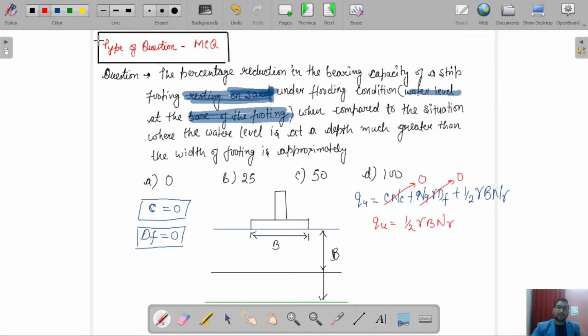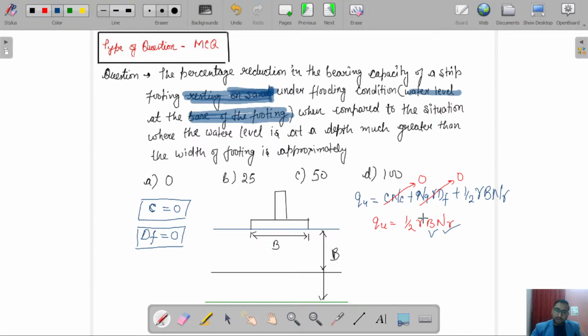हाफ गामा बी एन गामा. क्या वाटर लेवल चेंज होने से गामा की वैल्यू पे कोई इफेक्ट हो रहा है? No change. क्या बी की वैल्यू पे कोई चेंज है? If the width of footing is going to change, if water level rises, no change.